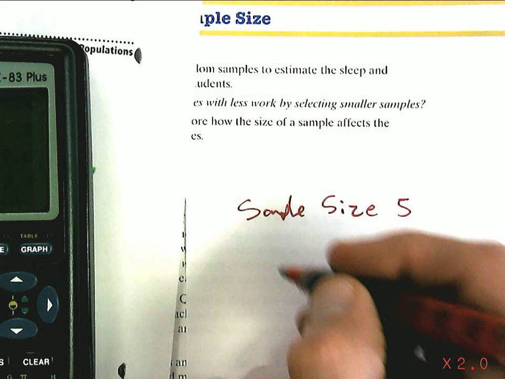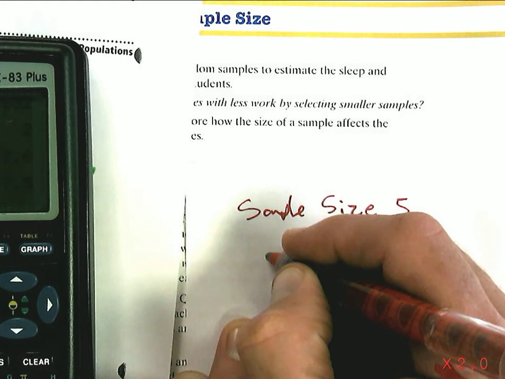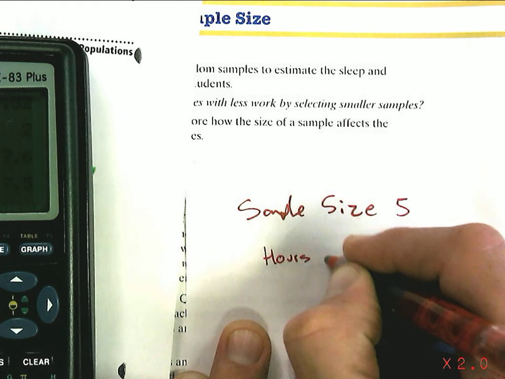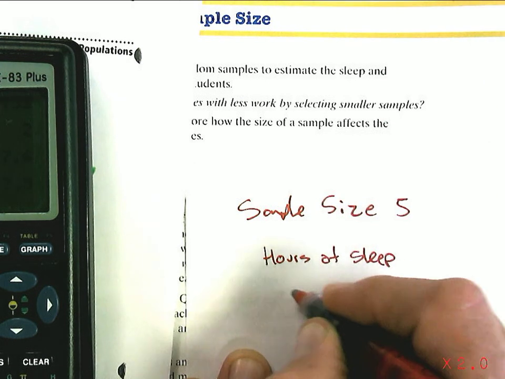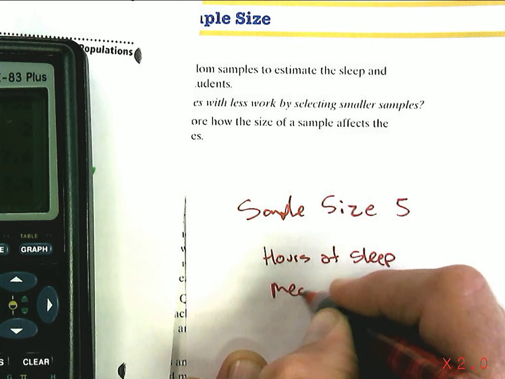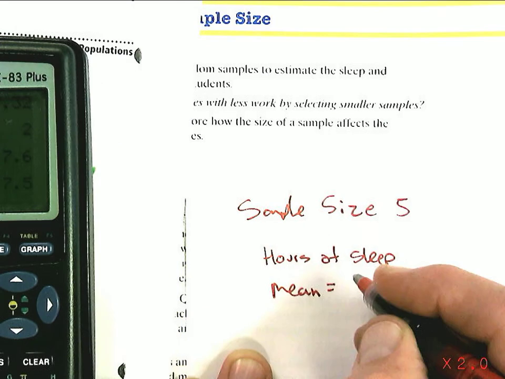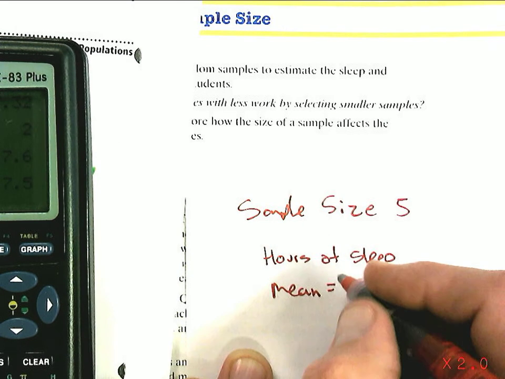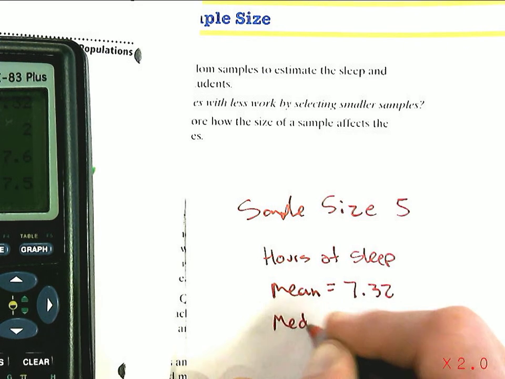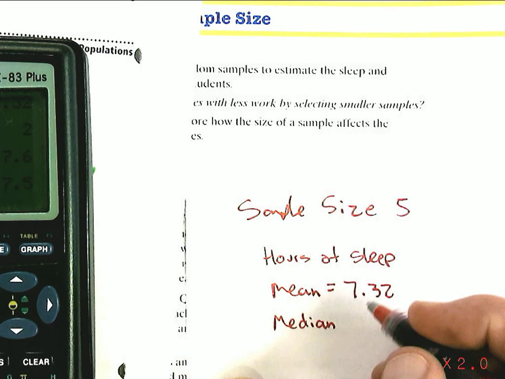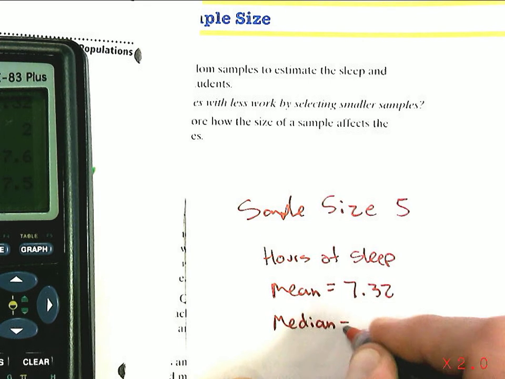And so I want the hours of sleep, and we have the mean. In this case, my mean hours of sleep was 7.32, and the median for hours of sleep is 7.5.